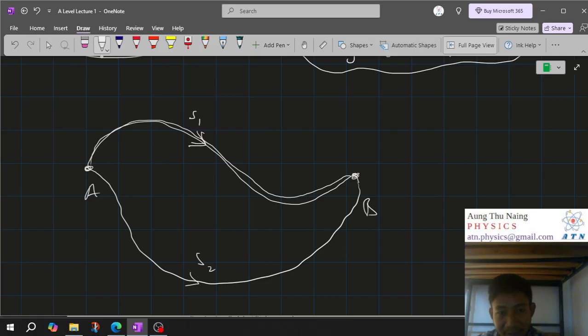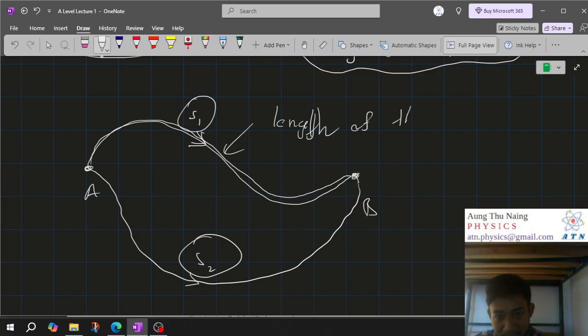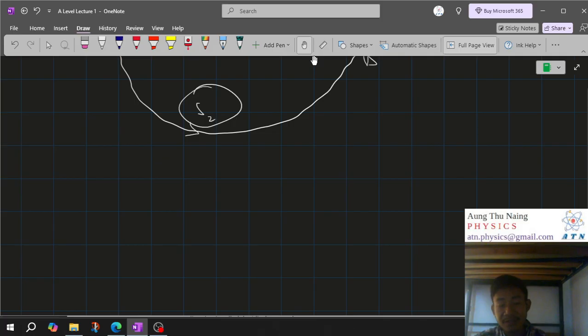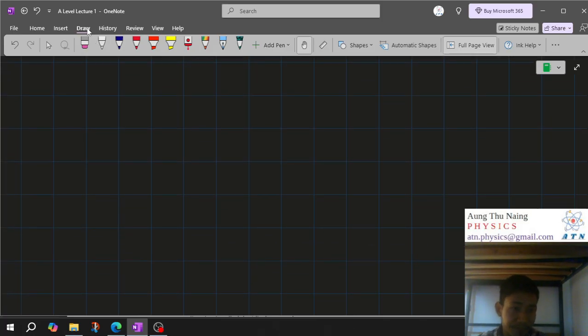So we can measure the length of path 1, and we can measure the length of path 2. So what is this? We can call the length of the path distance. Distance is the length of the actual path that the object moved.